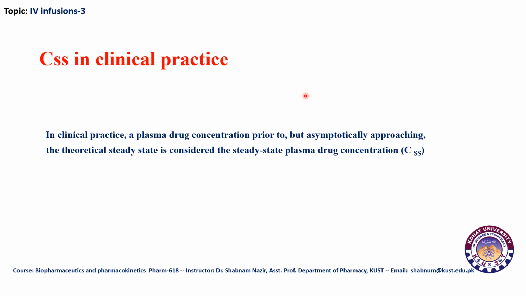It simply means that, as we discussed in one of the graphs in the previous lecture, this is a point soon after which the steady state level will be attained immediately. Clinicians are usually concerned about when that point would be reached, when we will be able to achieve that concentration.